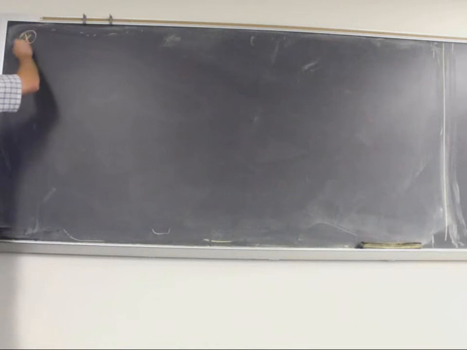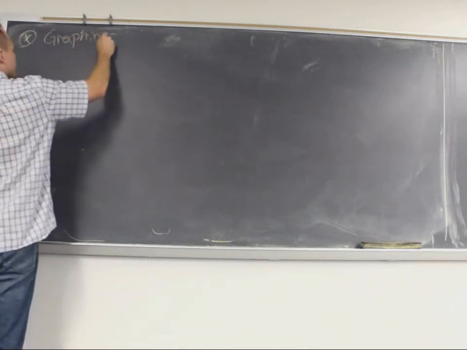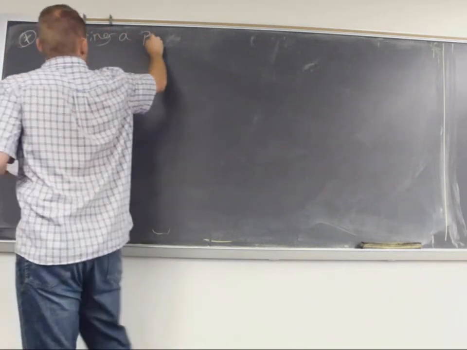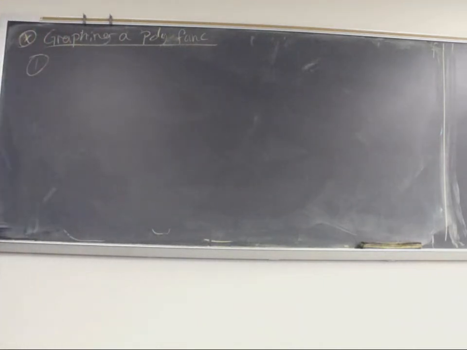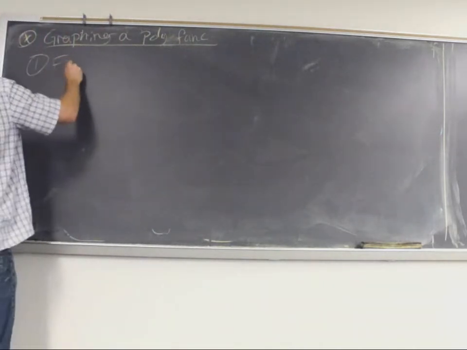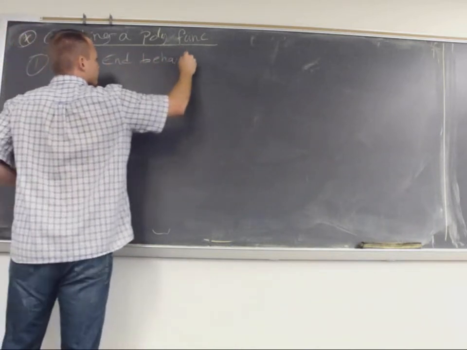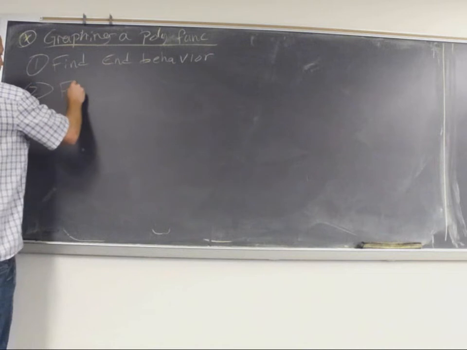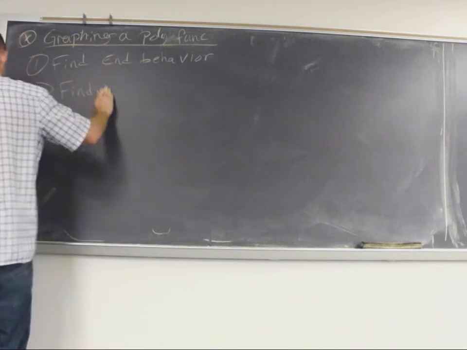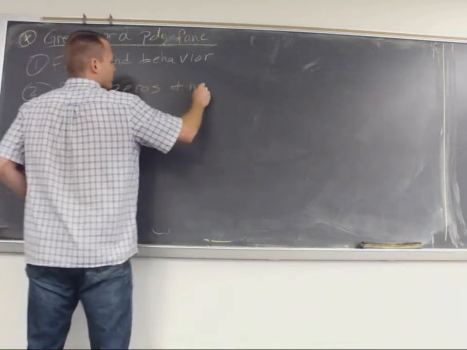So we first need to set up the rules here, or the sequence. Graphing a polynomial function. 1, find end behavior. 2, find zeros and multiplicity.